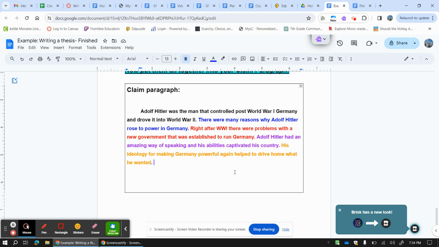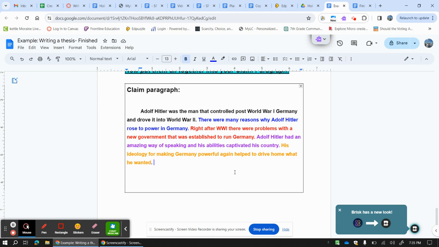Right after World War I, there were problems with a new government that was established to run Germany. My first body paragraph is about that. Adolf Hitler had an amazing way of speaking, and his abilities captivated his country. My second body paragraph is all about that. His ideology for making Germany powerful again helped drive home what he wanted. My third and final body paragraph will be about that. And of course, the last paragraph will be a conclusion.